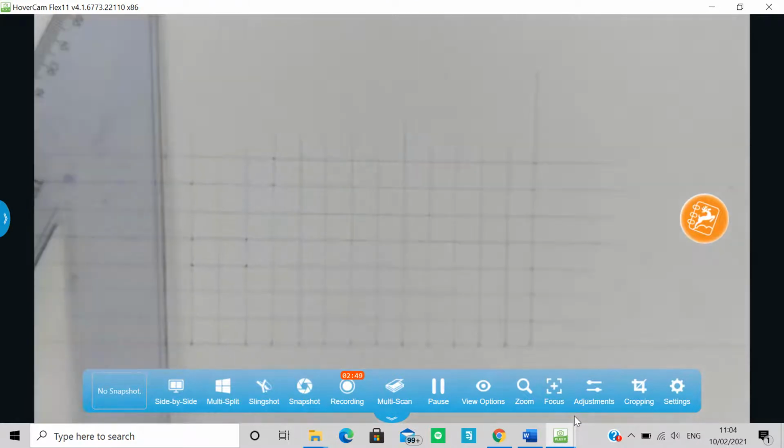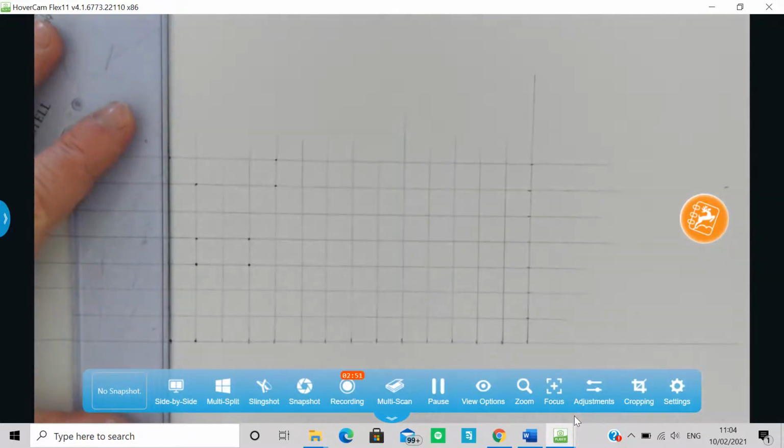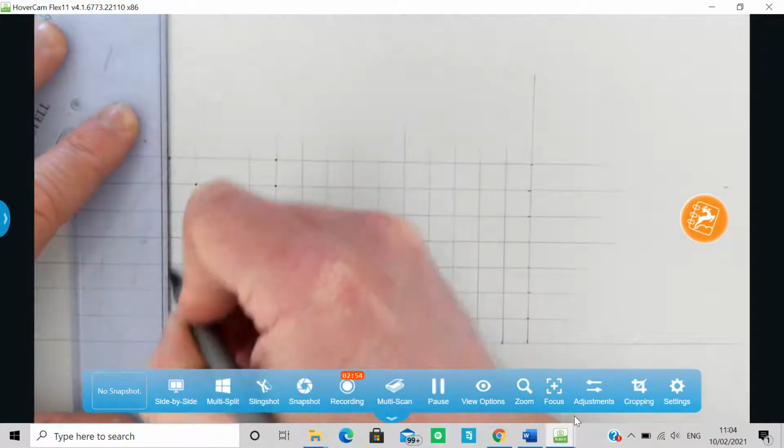Once you've all your points found for the letter F, you can do the lines in heavy.